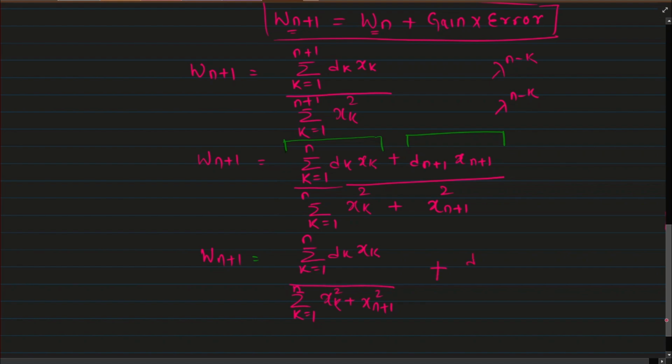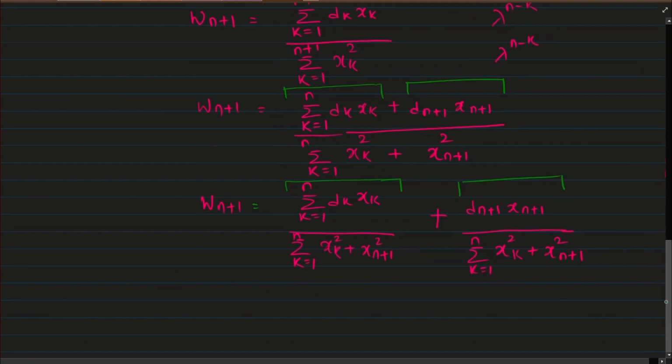So this is nothing but d n plus 1 x n plus 1 divided by the same denominator, which is the sum of xk square plus x square n plus 1. So from now on, these are two different expressions. I will take this and this separately and try to manipulate this whole expression in a manner that it comes into a recursive form. So I'll call this expression 1, and let this be expression 2.